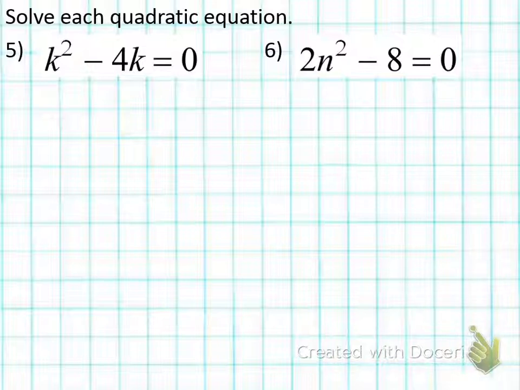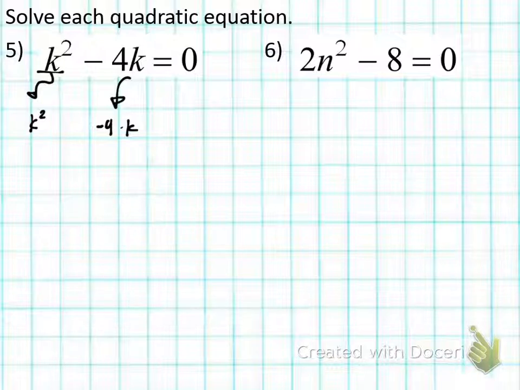Okay, let's think about this. K squared is like saying k times k. This is like saying -4 times k. What number is in both lists?